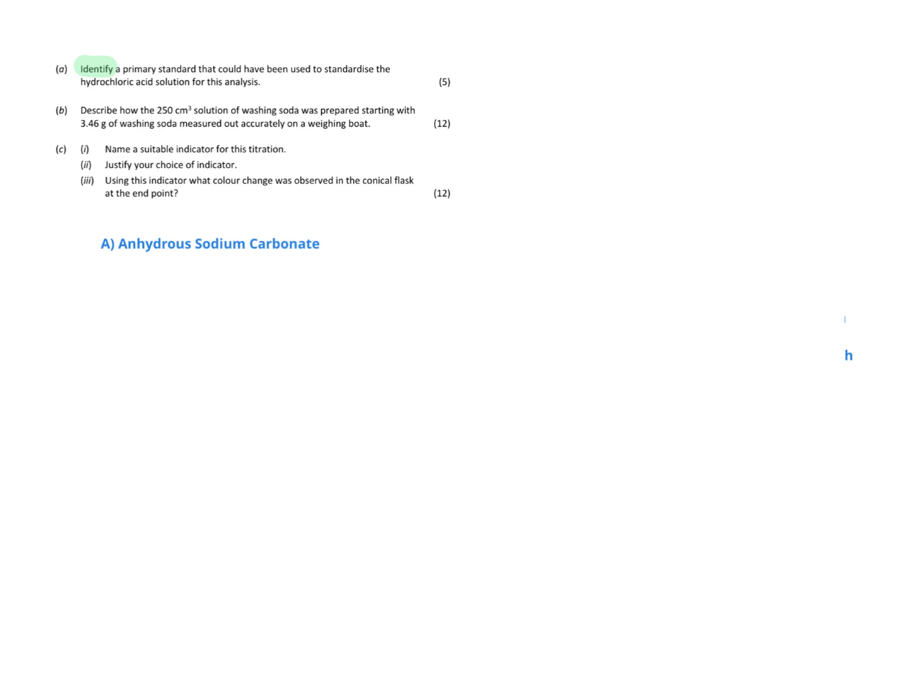Part B then, it asks you to describe how 250 centimeters cubed of your washing soda was prepared, starting with 3.46 grams of it measured out accurately in a weighing boat. Now, as I mentioned in the previous slide, this is worth 12 marks, we know that 3 marks is equal to 1 point of information.